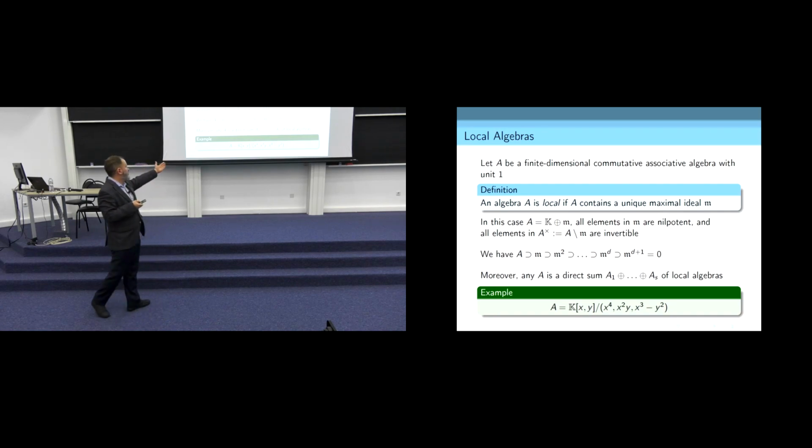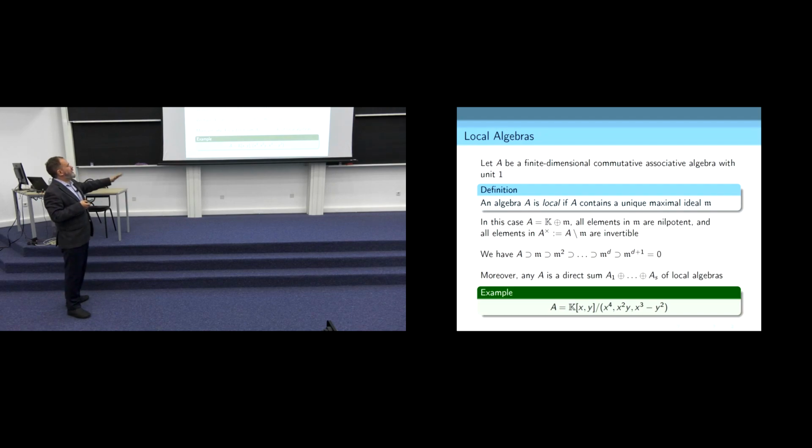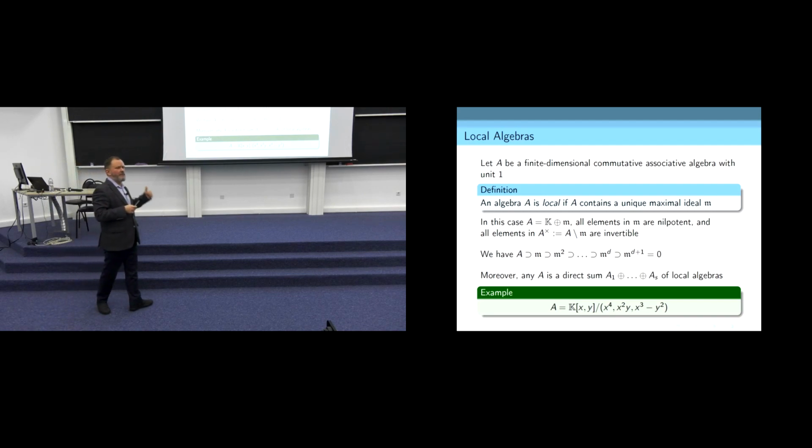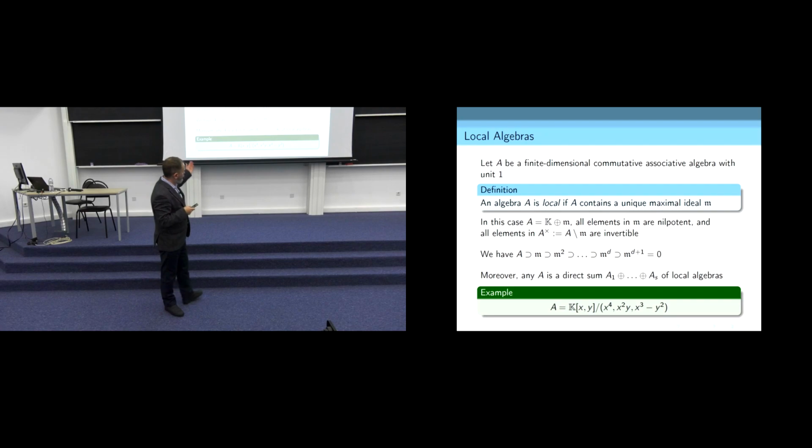You take polynomials in some variables, possibly infinitely many variables, and take a quotient by an ideal, and the ideal should be the following: if you take any variable, then some power of this variable is contained in this ideal. And this is a necessary and sufficient condition for the ideal to correspond to a local algebra. Okay, so this is quite basic.